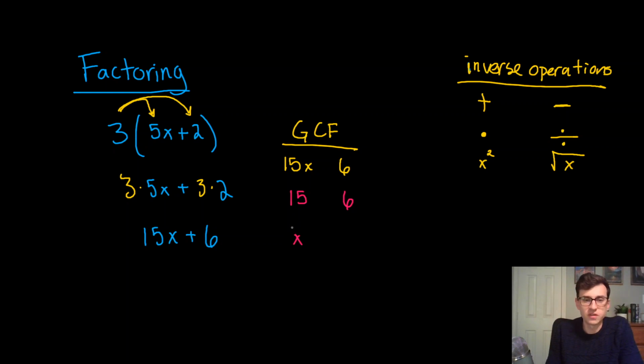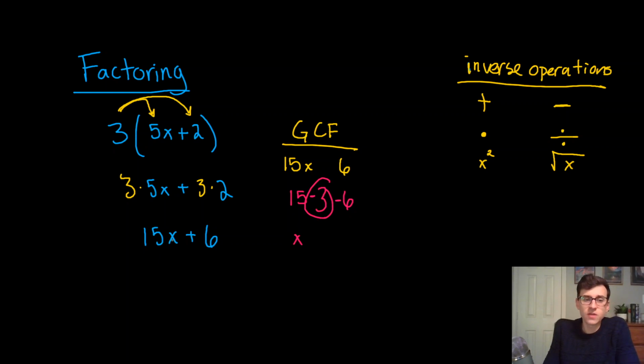So x will just stay by itself. It won't be part of the greatest common factor. What divides both 15 and 6? Well, I know 3 divides both of those. 15 divided by 3 is 5. 6 divided by 3 is 2. 2 and 5 don't divide evenly. There's nothing that cancels out there. So the greatest common factor is 3.